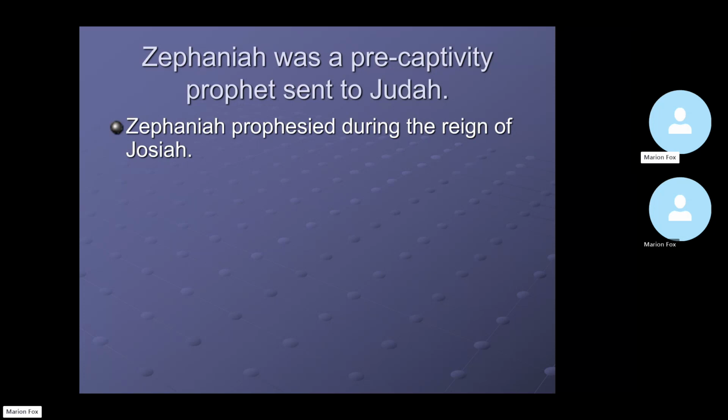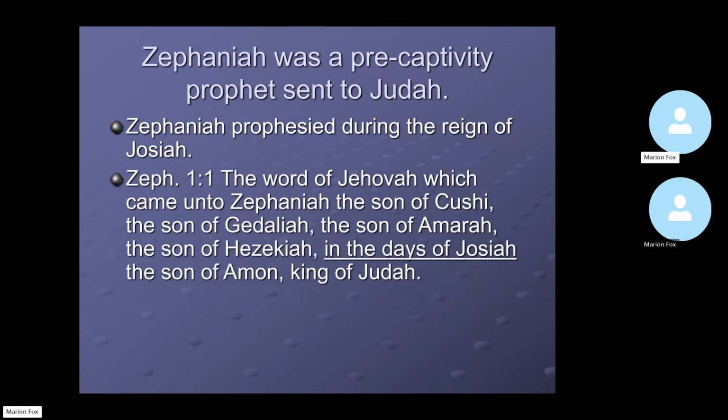The book of Zephaniah, don't confuse that with Zechariah, but Zephaniah, was also a pre-captivity prophet. He prophesied during the reign of Josiah. He said in Zephaniah 1:1, the word of Jehovah which came unto Zephaniah, the son of Cushi, son of Gedaliah, the son of Amariah, the son of Hezekiah. So he's a descendant of King Hezekiah.